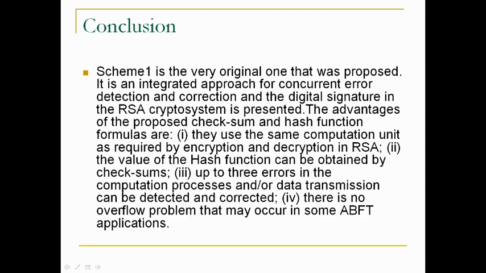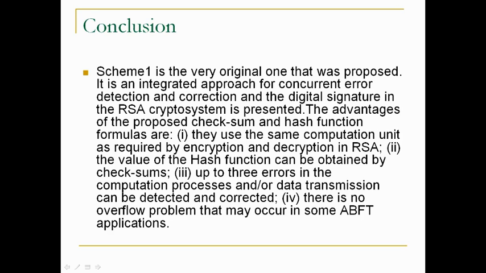So I have the conclusion. Scheme 1 is the very original one that was proposed, and it's actually very old. It is an integrated approach for concurrent error detection and correction and digital signature in the RSA crypto system. As I already mentioned before, the advantage of this scheme is that they use the same computation unit as required by encryption and decryption in RSA.